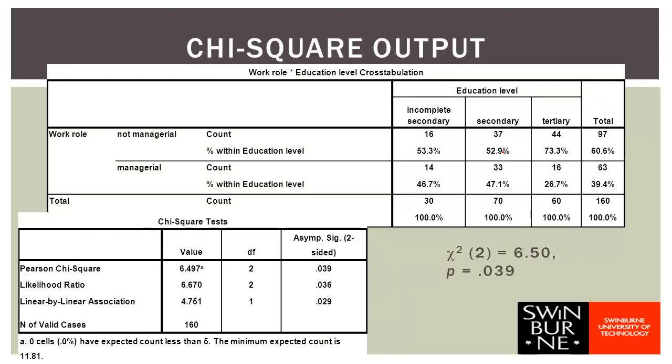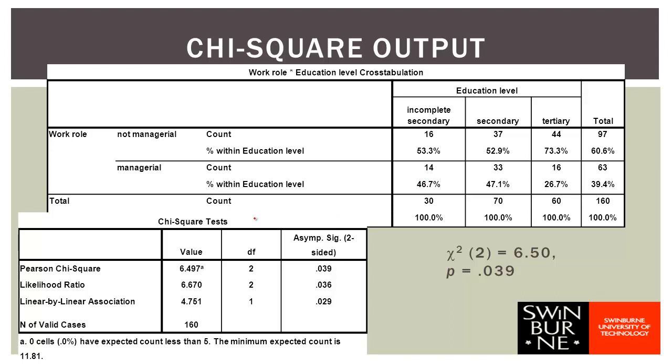So here is our chi-squared output, and make sure you look on Blackboard at the SPSS videos for how to generate this. The first thing that we get generated is our table. So we've got our percentages on here, and we can see that in fact 26% of the tertiary educated were in managerial positions, compared to 47% of secondary educated, 46% of incomplete.